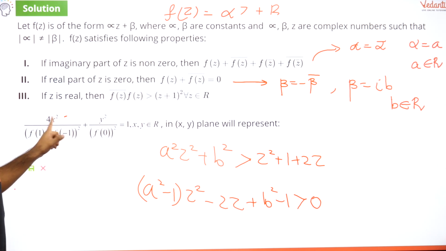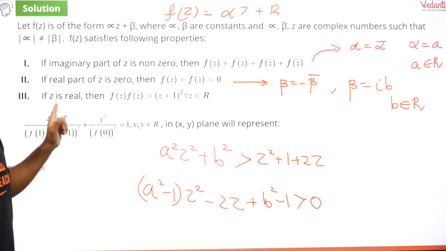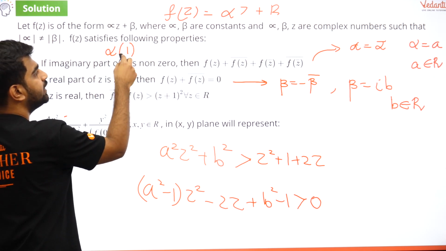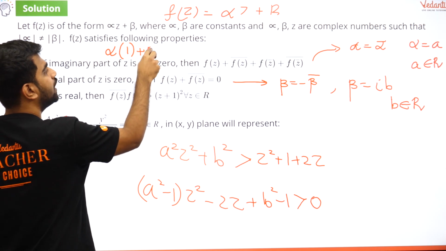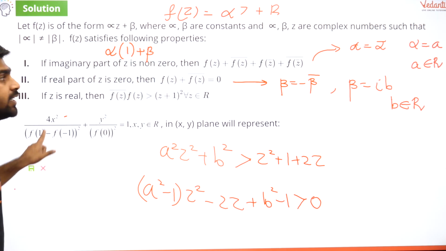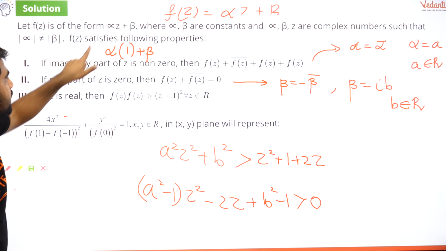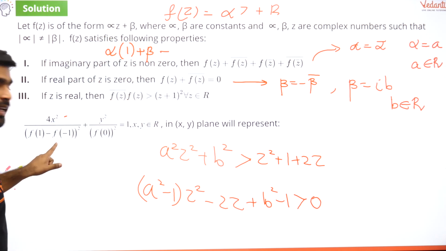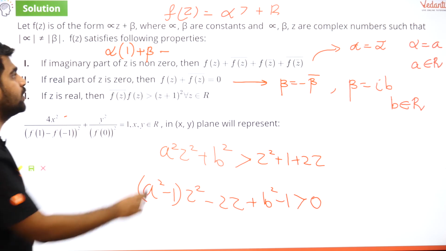So we have 4x squared by f of 1 minus f of minus 1. What is f of 1? F of 1 is alpha into 1 plus beta, because the variable here is z, right? So wherever z is coming, I will put 1. Minus f of minus 1. What is f of minus 1?